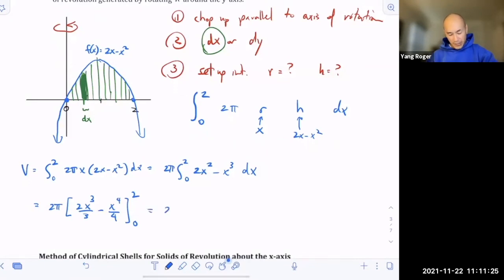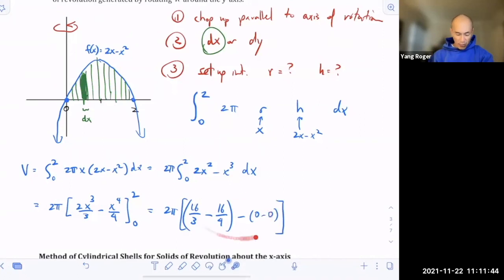So you're going to get 2 pi times (16 over 3 minus 16 over 4 minus 0 minus 0). Take that whole thing and multiply it by 2 pi. And this is some number, units cubed. Put it in a common denominator, solve it.